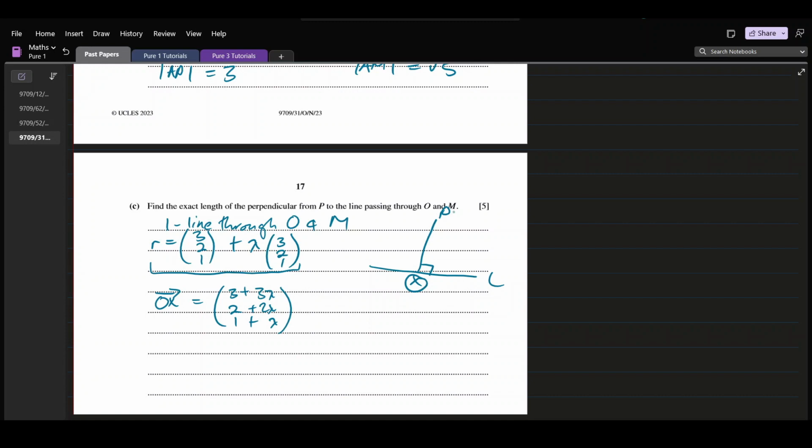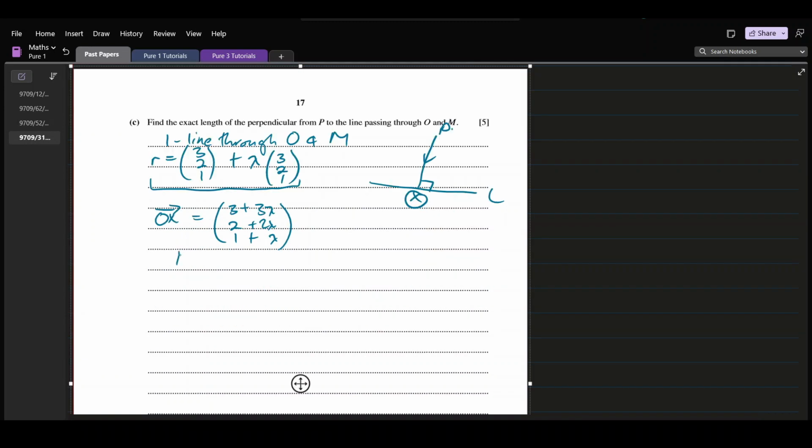And now let's find the direction vector of PX. PX is equal to OX minus OP, so that's (3 plus 3 lambda, 2 plus 2 lambda, 1 plus lambda) minus OP.